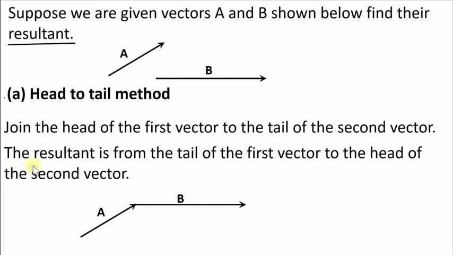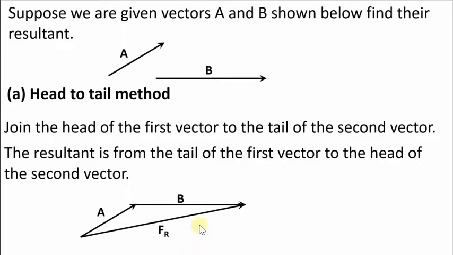Then for us to find the resultant, we are told the resultant is from the tail of the first vector to the head of the second vector. That's what we mean here. So we'll draw a line from here to there. This one is going to be called the resultant.